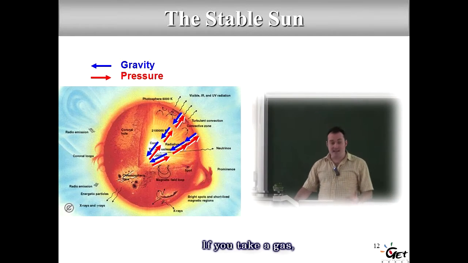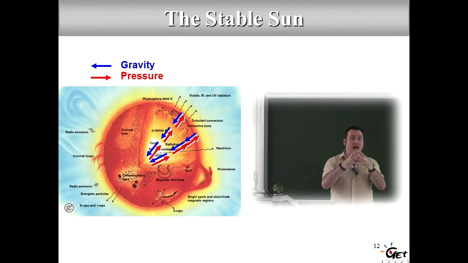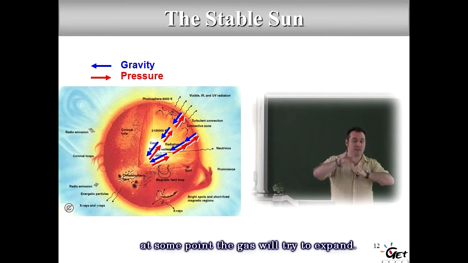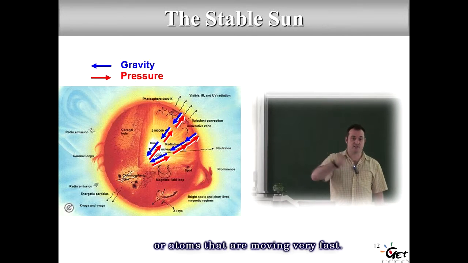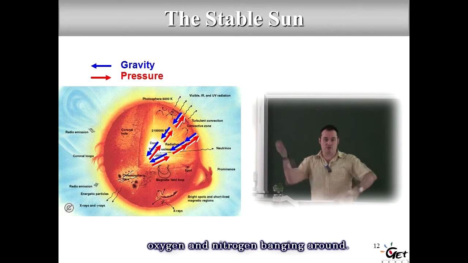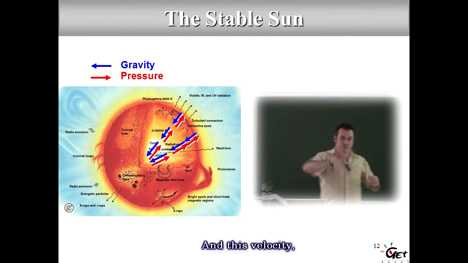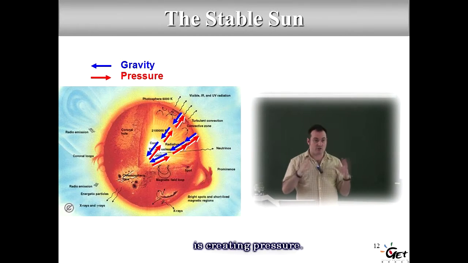If you take a gas and you try to contract it, at some point the gas will try to expand. Remember, gas is just molecules or atoms that are moving very fast. So around us, we constantly have atoms of oxygen and nitrogen banging around. And this velocity, the fact that all those atoms are moving fast, is creating pressure.